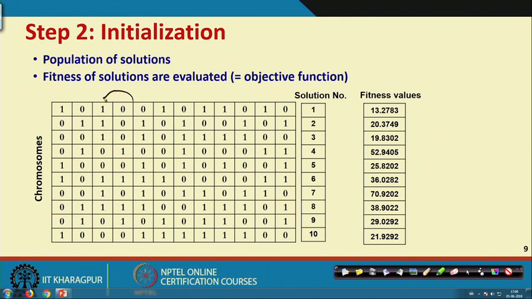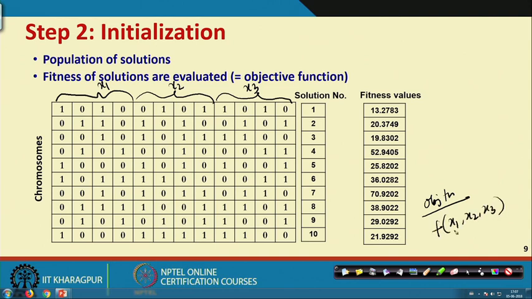This was the first 4, then this is the second 4, this is the third 4. So, this was x1, this was x2, this was x3. These are the 3 variables. Now, obviously, the objective function was a function of x1, x2, x3.